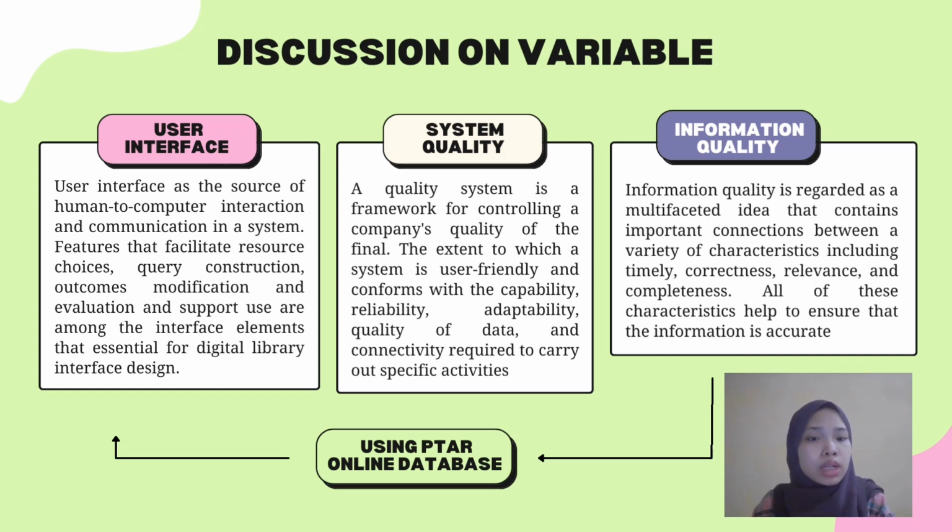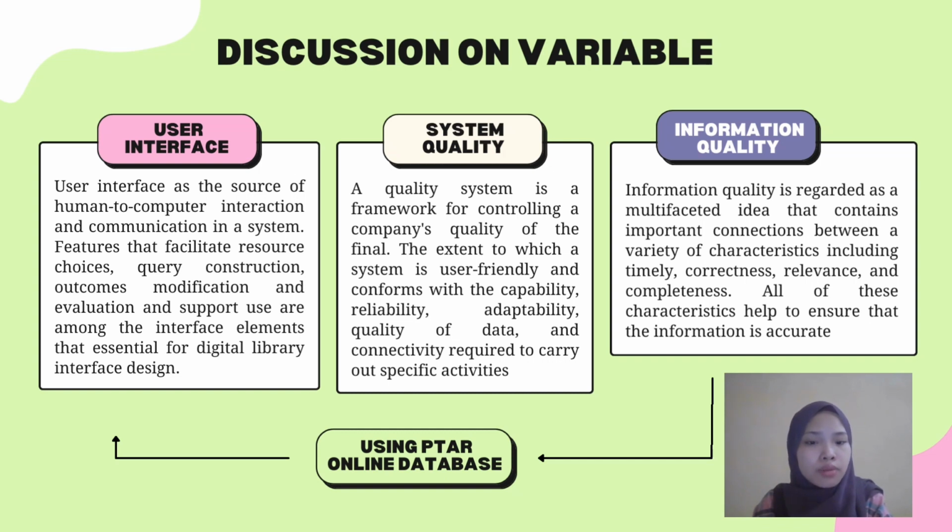The demands of users as well as the features of the digital collection must be taken into account when designing a digital library interface. For example, features that facilitate resource choices, query construction, outcome modification, and support are among the interface elements that are essential for digital library interface design.